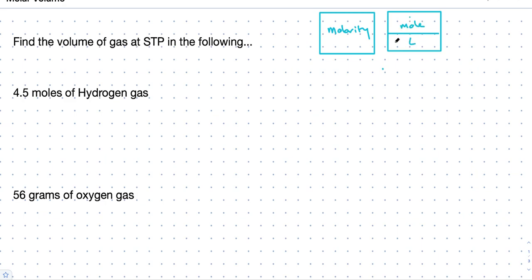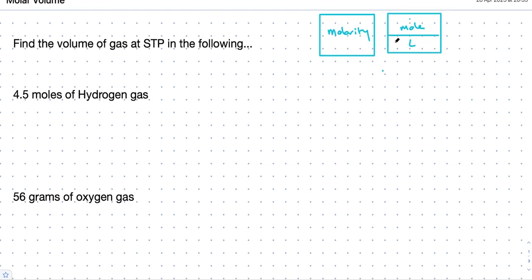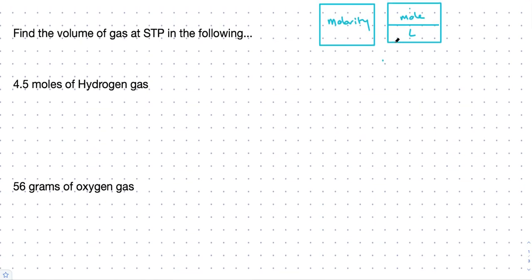If we're now talking about gases, we have another card that we can add into the mix. We actually have two cards that we've not yet talked about, and that is molar volume.